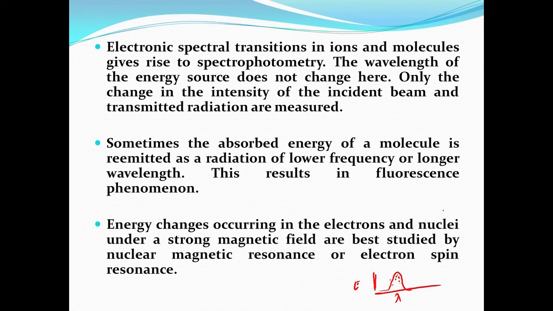Sometimes the absorbed energy is re-emitted as radiation of lower frequency, that is fluorescence. The energy changes occurring in the electrons and nuclei under a strong magnetic field are studied by NMR or ESR, electron spin resonance, but we are not going to study them. This is only part of the continuation of our discussion on the molecular absorption spectra.